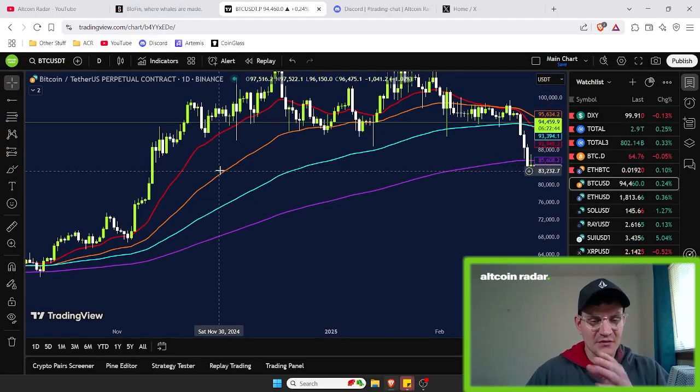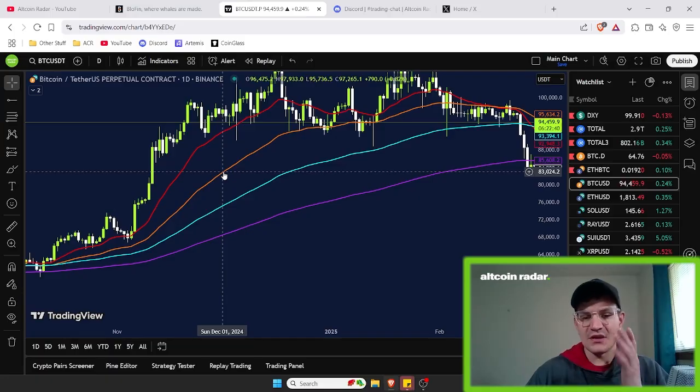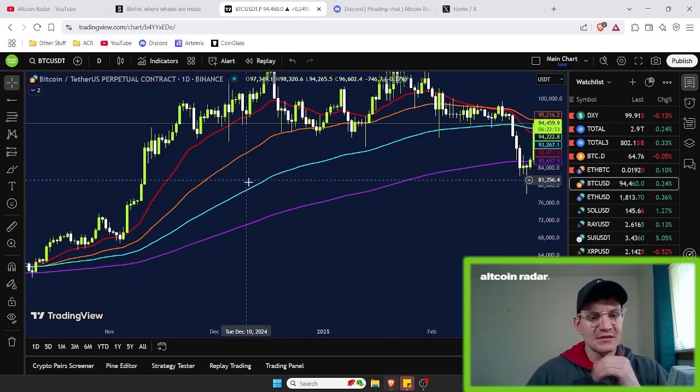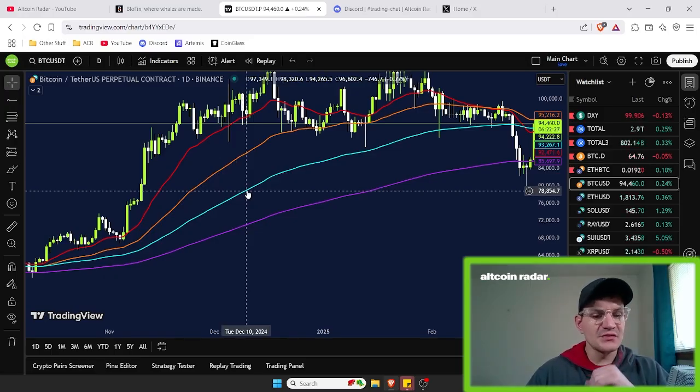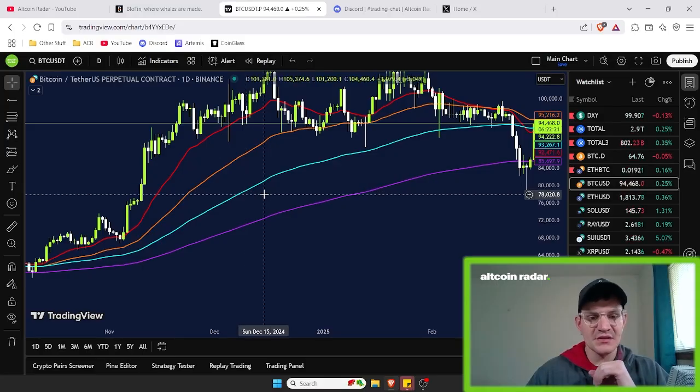Now, the next one that we've got is the 50 EMA. Now, the 50 EMA is going to be best for more medium-term situations such as swing trading or spotting entry signals. All right. Then next we've got the 100 period EMA, which is right below that, this blue one right here. And this one is best for intermediate or long-term situations and is best used to confirm the overall strength of a trend as well.